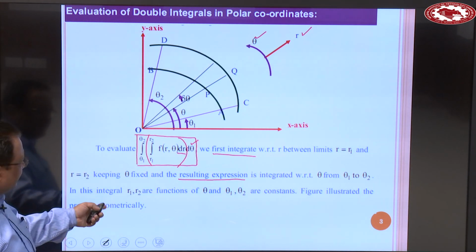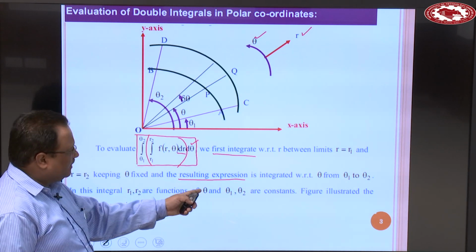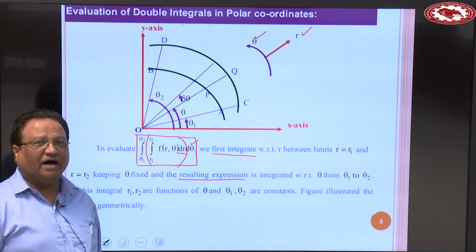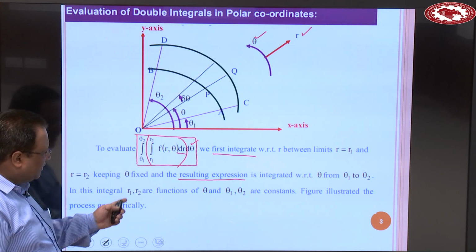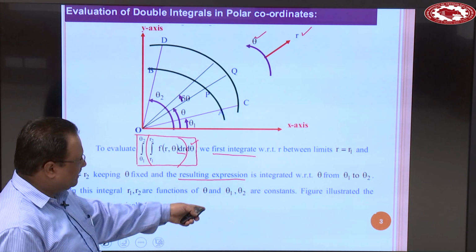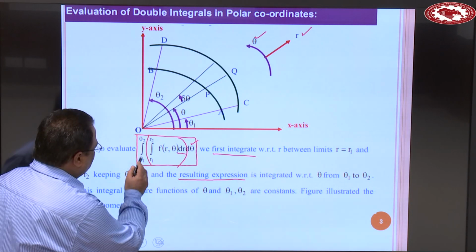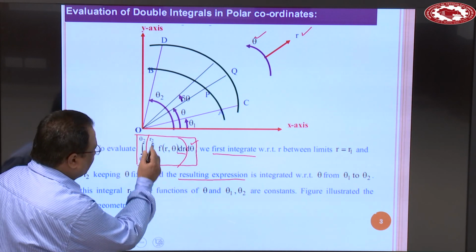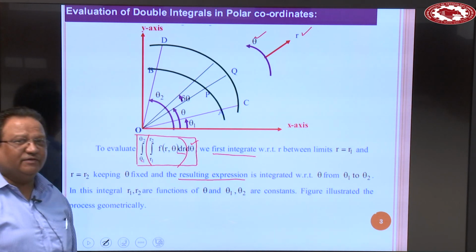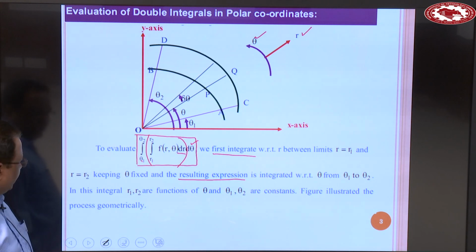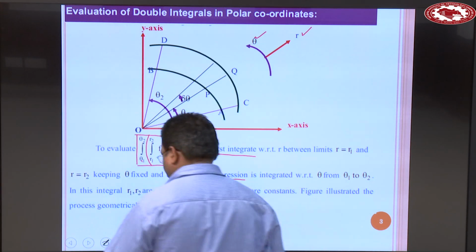In this integral r1 and r2 are functions of theta, and theta 1 and theta 2 are constants. So we follow this process. When r1 and r2 are functions of theta and theta 1, theta 2 are constants, we can first integrate with respect to r and then with respect to theta. The figure illustrates this process geometrically.